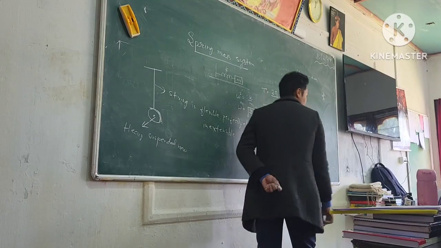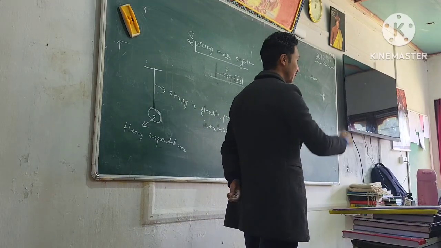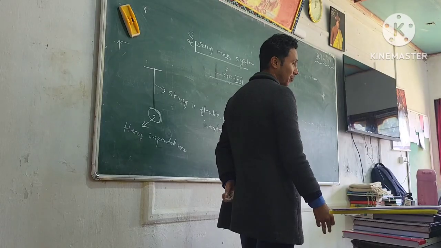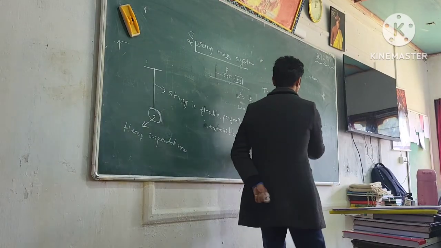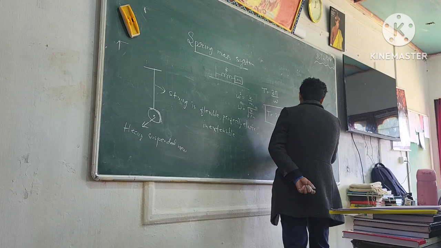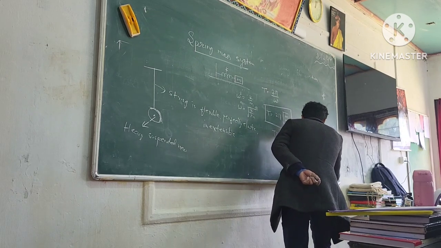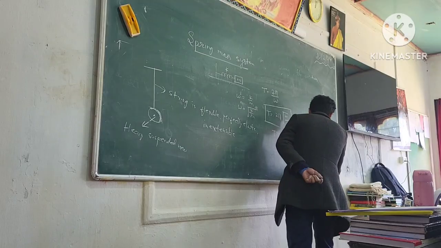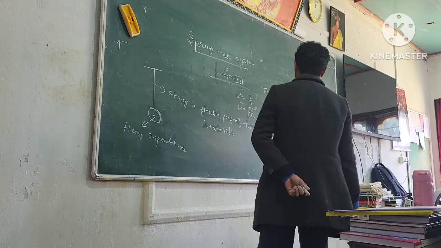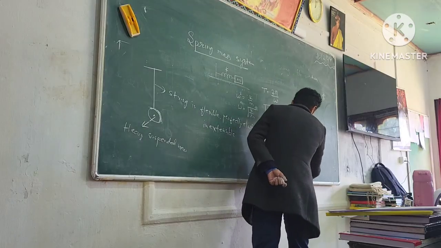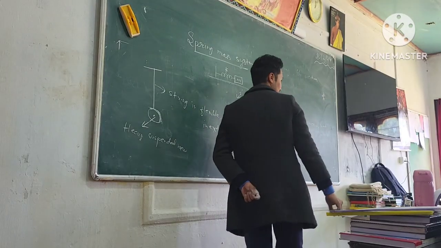Sometimes they will give you two spring constants, one value more, and ask which will have more time period. Here, as mass increases, time period increases. As K increases, time period decreases. Using this concept you can answer all such questions, but you should know this formula. Questions will be asked from this concept.